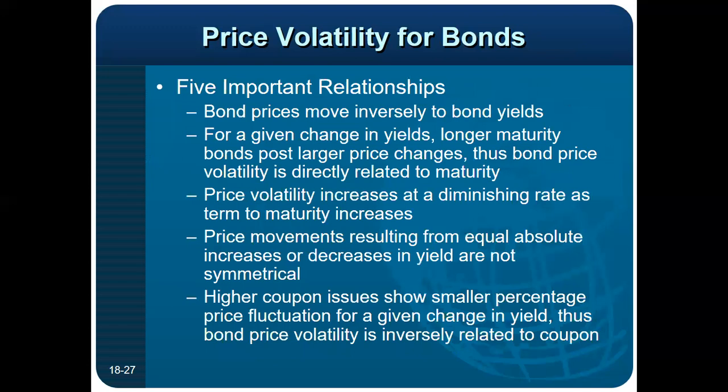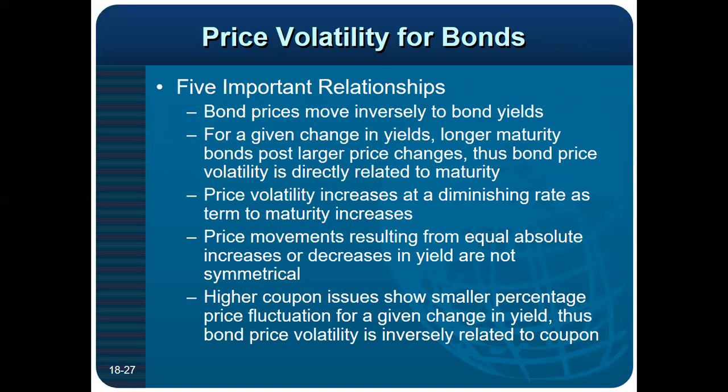All right, so there are 5 important relationships on the price volatility for bonds. First is bond prices move inversely to bond yields. So as I said earlier, if the bond yield increases, the bond price will decrease.